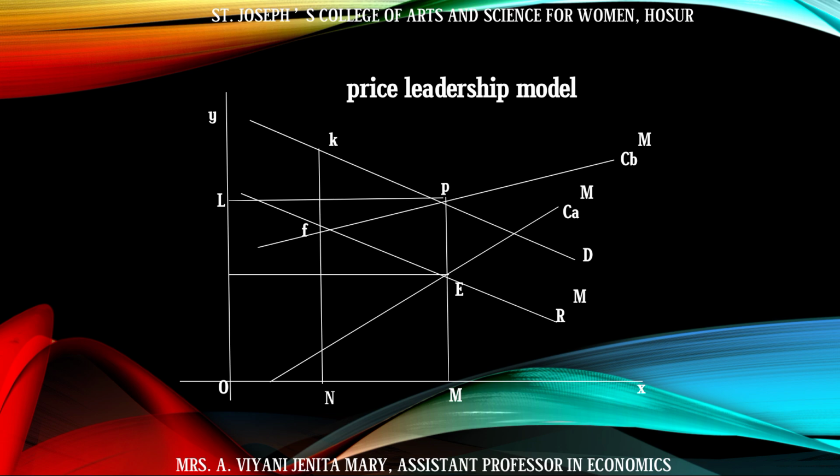Firm A, being the low cost firm, will maximize profits by selling OM output at MP price. The profits of firm B are lower than those of firm A because its costs of production are higher. This is all about oligopoly and the types of oligopoly.